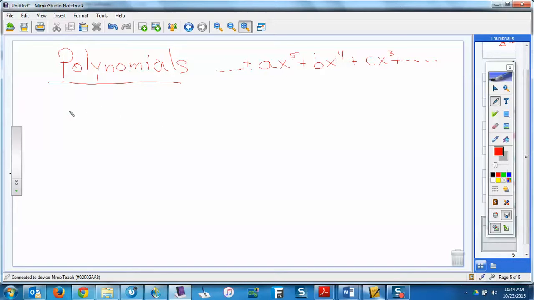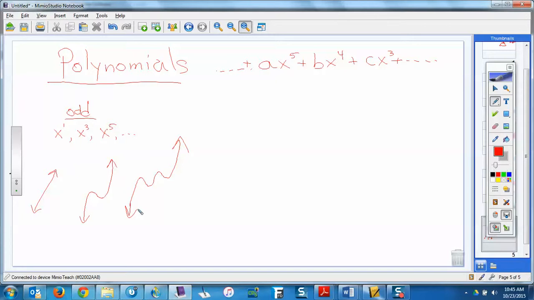When you have an odd power, so like x to the first or x to the third, I'm talking about the highest power now, x to the fifth, right? You have a situation where the tails go opposite directions. Now they don't always look like this, but the tails always go opposite directions. And what happens if you have a negative out in front of the leading coefficient?